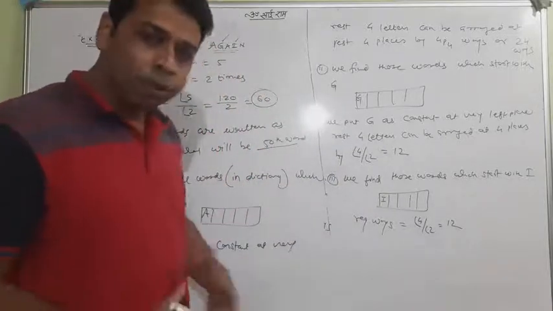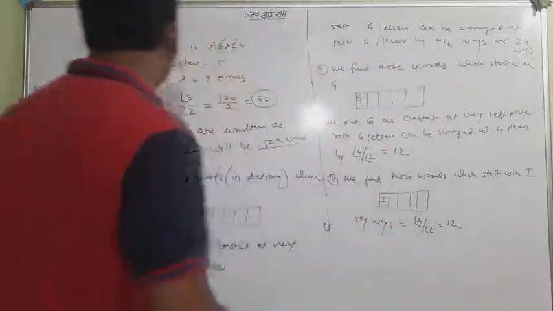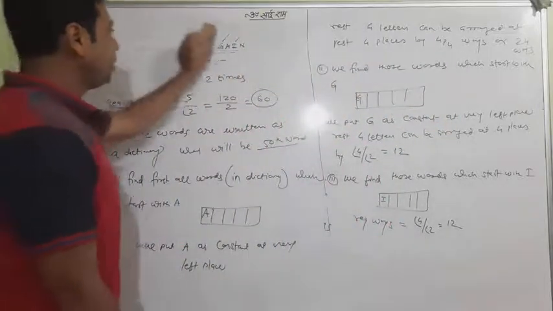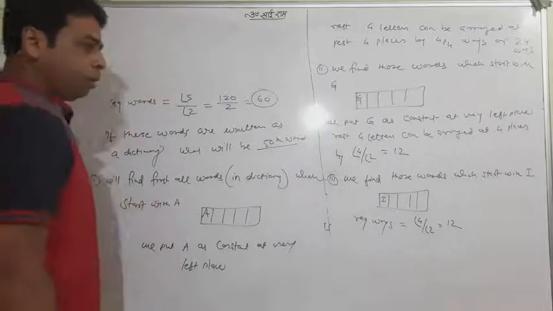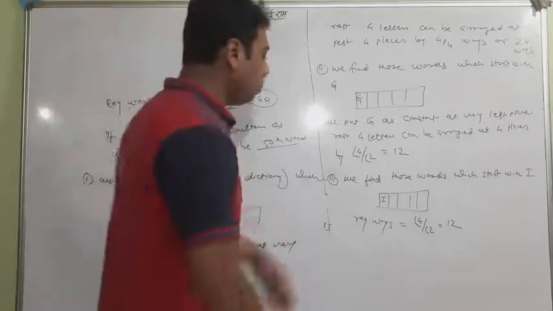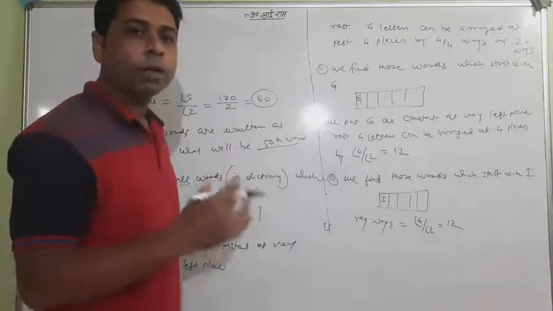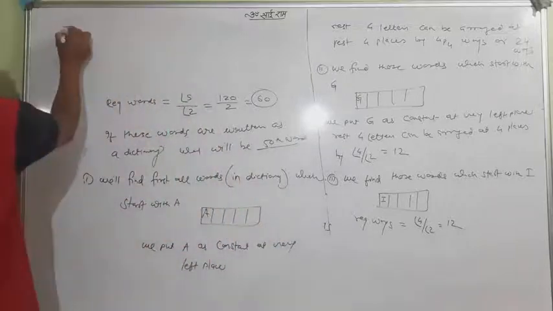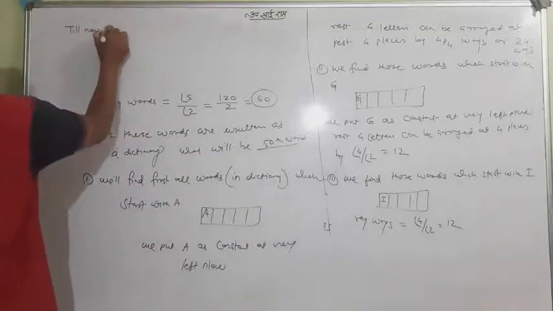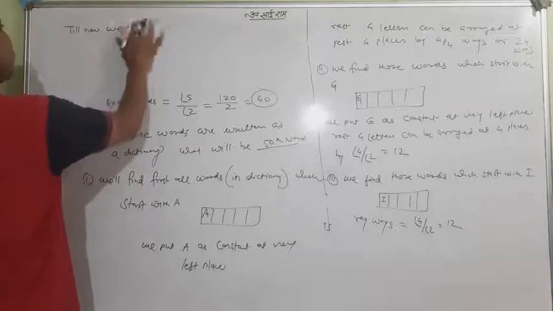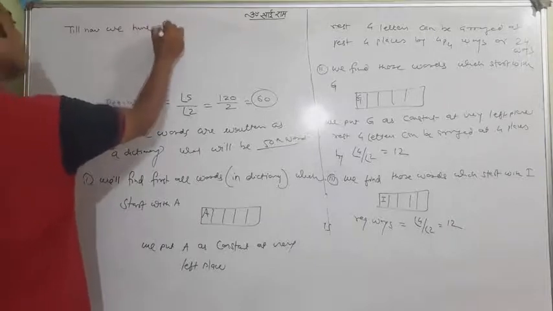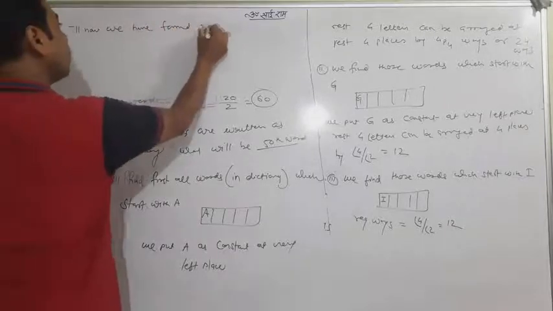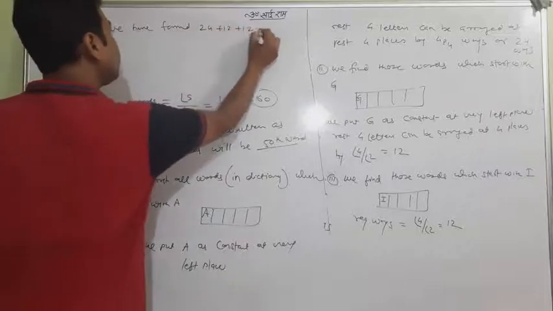Now it's going to be so easy. How can we handle this situation? Let me write something here. Till now we have formed 24 plus 12 plus 12, meaning 48 words.